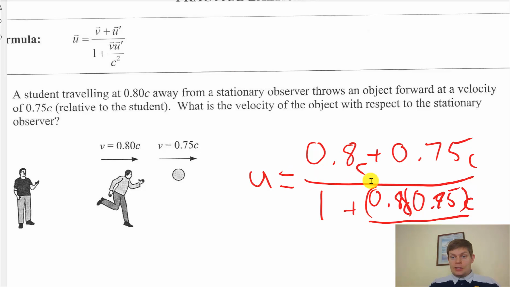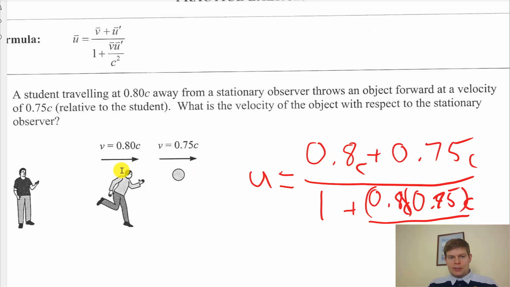So in this case, we've got an observer. Here's your first frame of reference, and he's got a student moving away from him at 0.8 times the speed of light. This guy is pretty fast. And then this student throws a ball at 0.75 times the speed of light from his perspective. We want to know how fast the ball is moving relative to the observer.